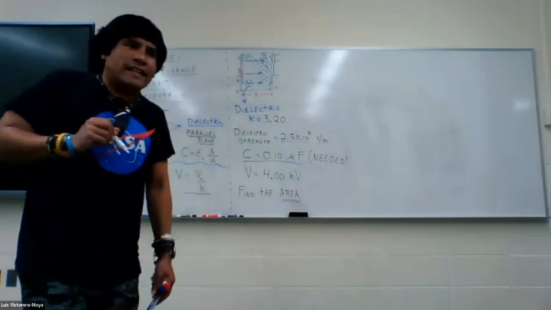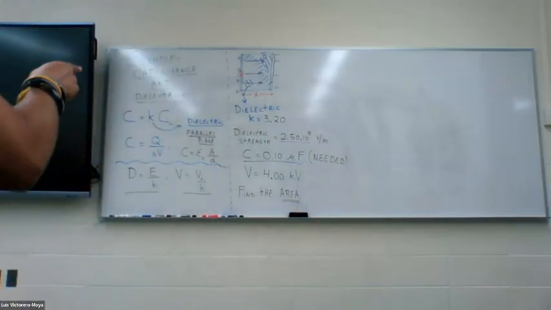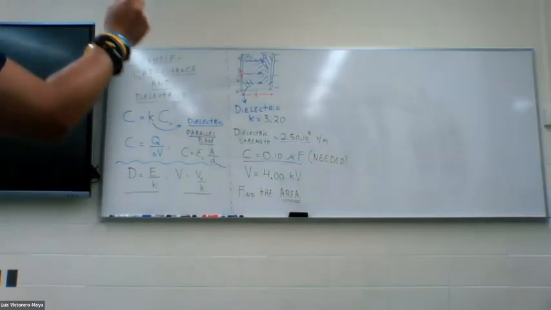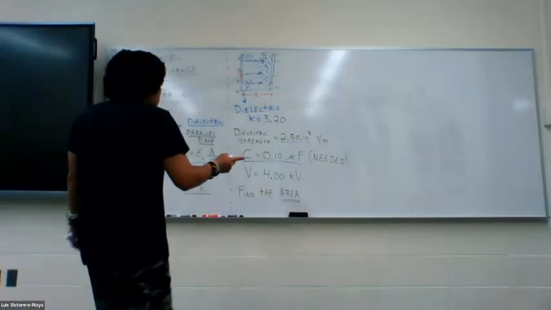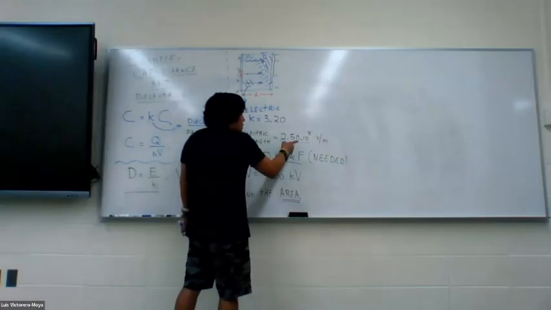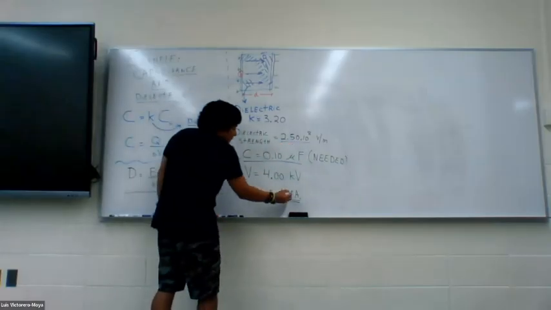They want you to find the area between the plates. Okay, so if they tell you that that's the capacitance that you need, that means that that's the capacitance without dielectric. But the dielectric strength is this. So how do I use this to find the area?